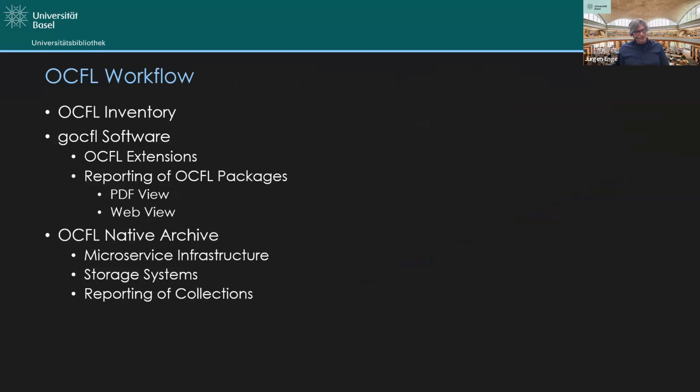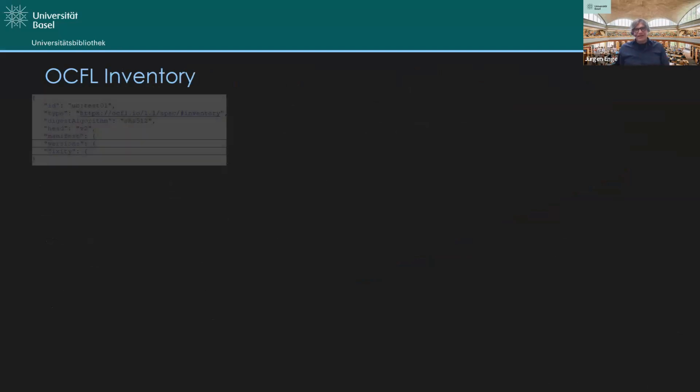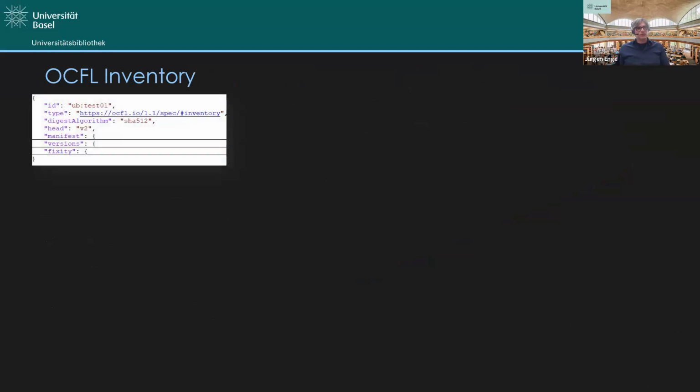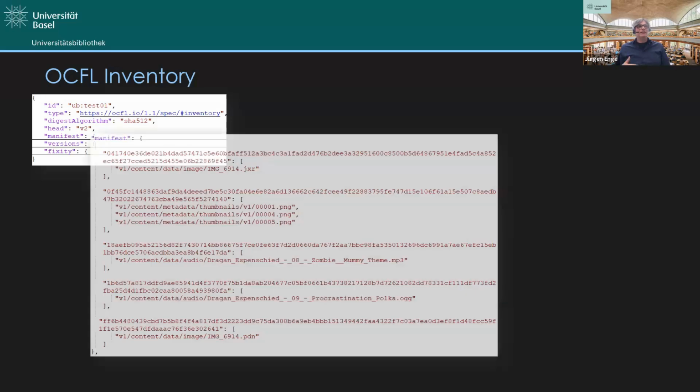If you're not familiar with it, it's good to see that OCFL's main file and metadata is the so-called inventory. The inventory has just metadata like the ID. It gives us a digest algorithm, and the core element of OCFL inventory is the so-called manifest. The manifest is based on the idea that file names are just labels.